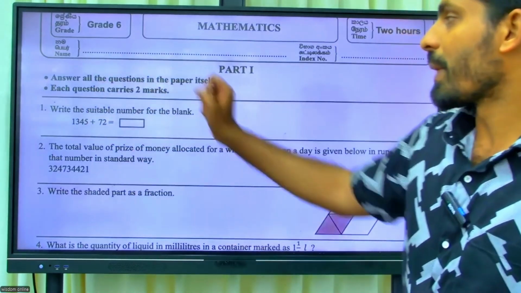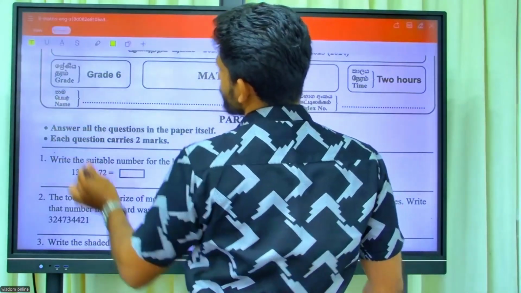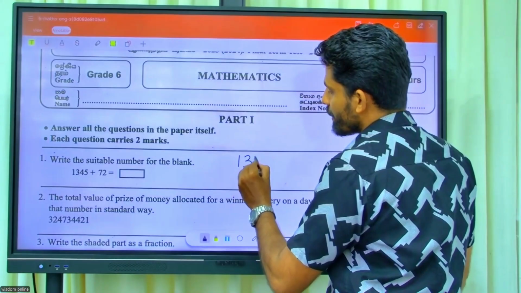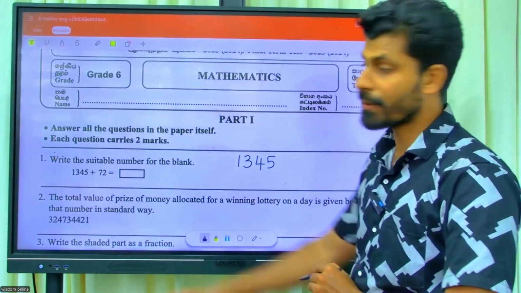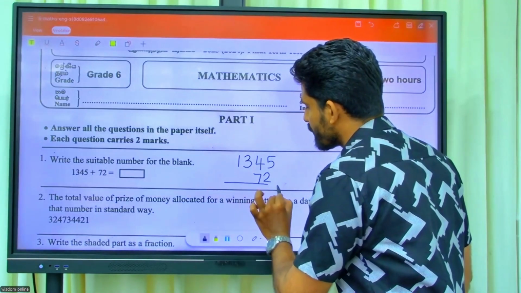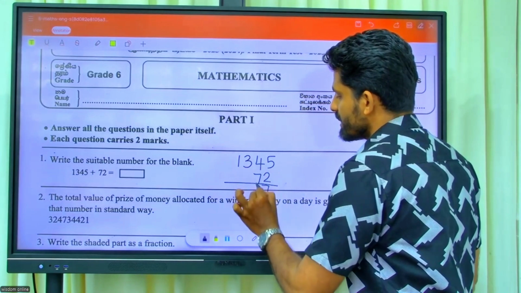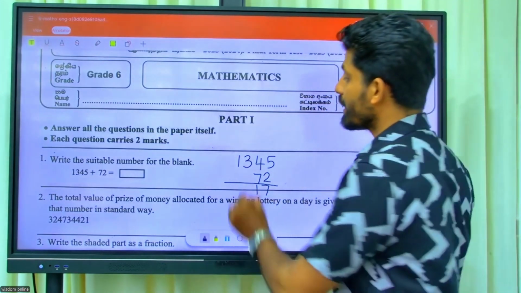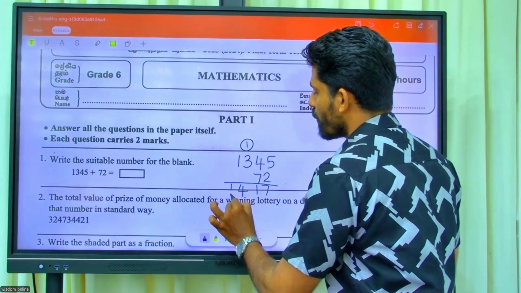Write the suitable number for the blank, kids. So that means when you write the suitable number for the blank, 1345 plus 72. 5 plus 2, 7. 7 plus 4, 11, remaining 1. 1 plus 4, 1 plus 3, 4.